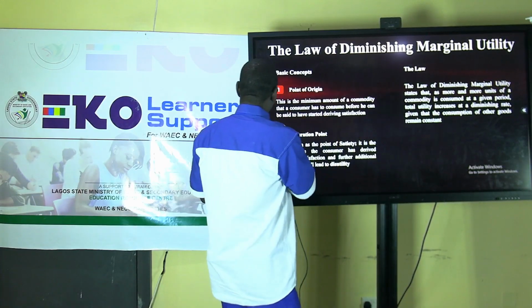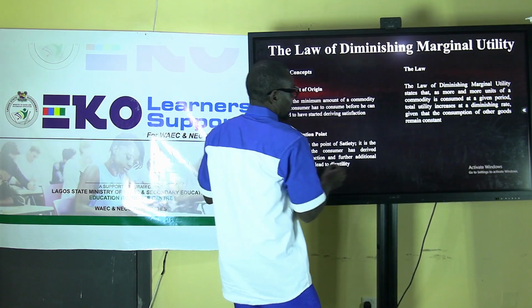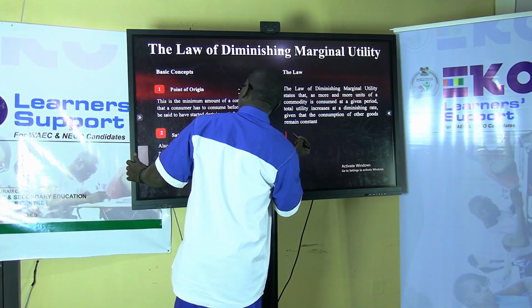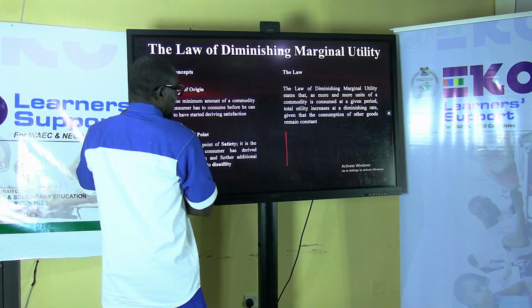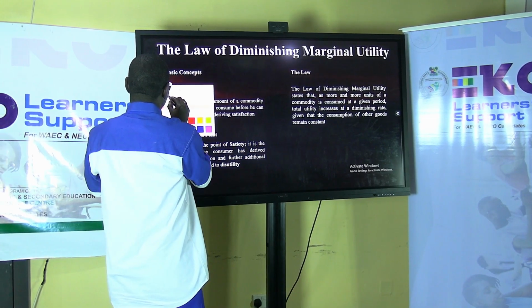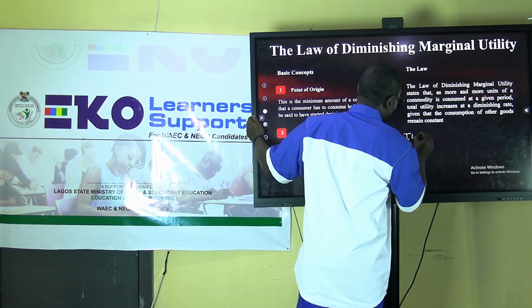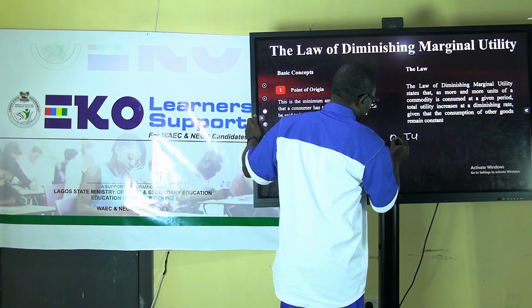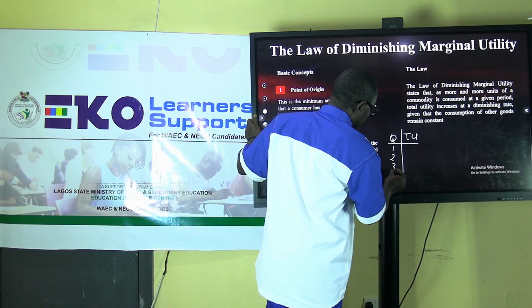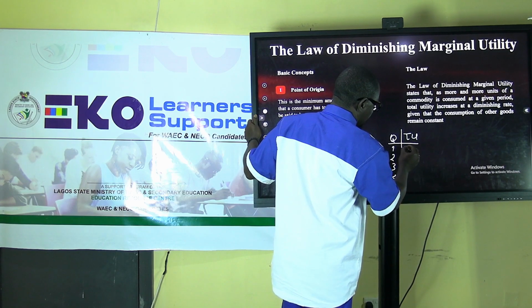So, what I just explained is that if we have a table of total utility and quantity, and the quantities are 1, 2, 3, 4, and total utility at the consumption of 1 is 5.